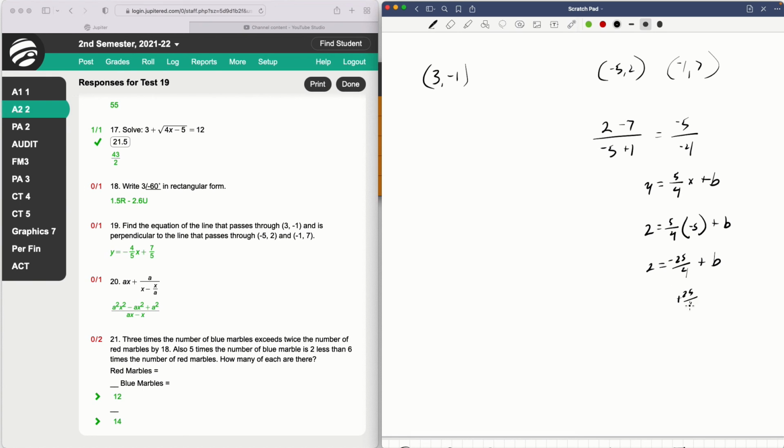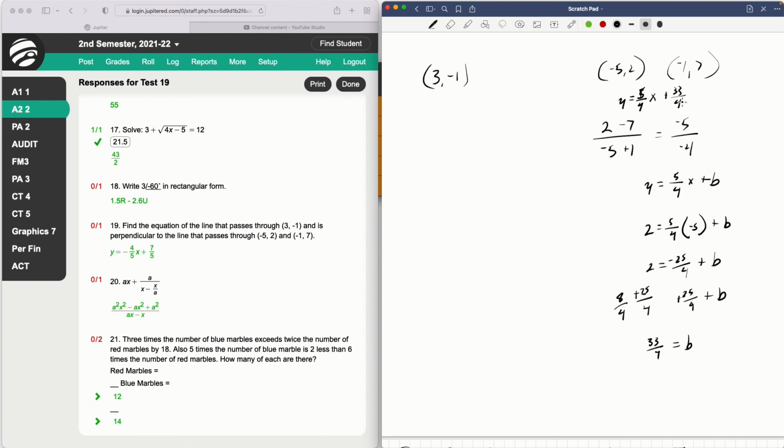I'm going to convert this into 8 over 4, because that would be the same thing as 2. 8 plus 25 is 33. 33 over 4 is equal to b. So the line here is going to be y equals 5 over 4 x plus 33 over 4. All right, we don't really care so much about that. We just need to find the perpendicular.